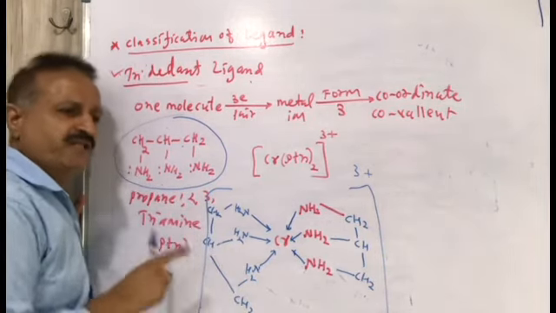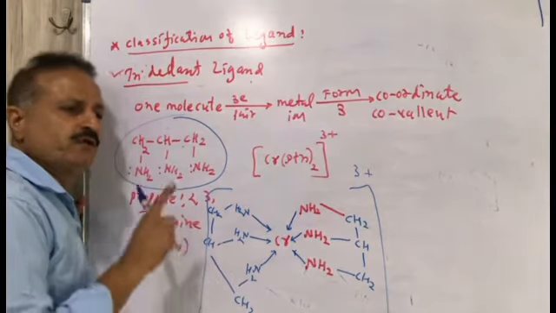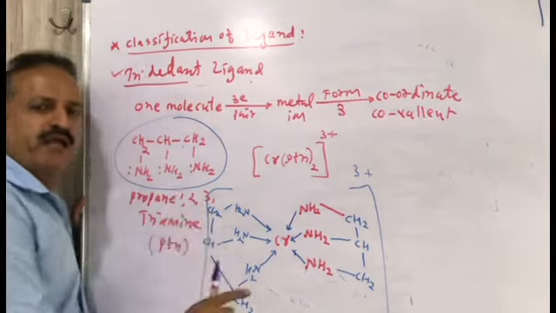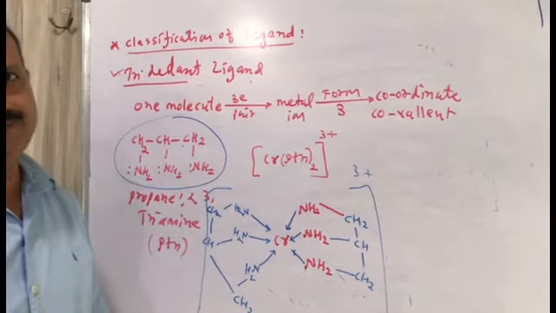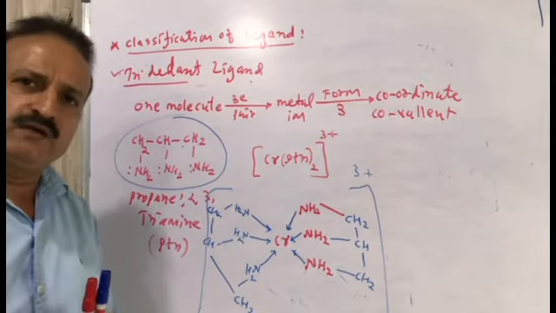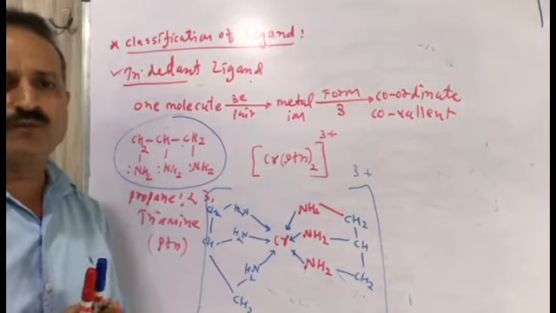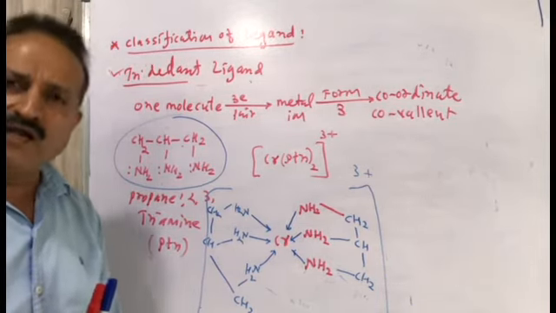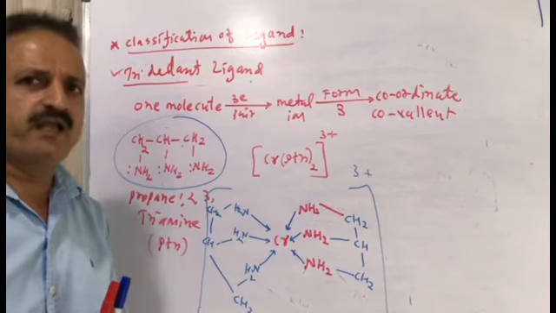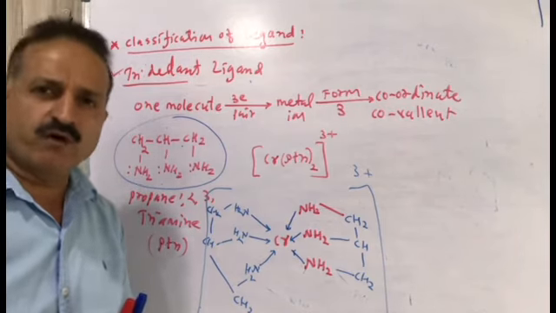In ammonia there is only 1 nitrogen, so it is a unidentate ligand. Now it is clear. So we have 3 types of ligand: unidentate, bidentate and tridentate ligand. Hexadentate ligand will be discussed later on.